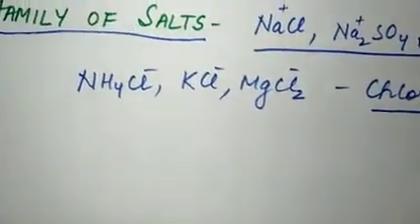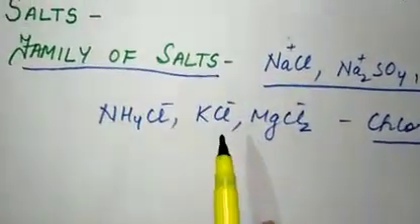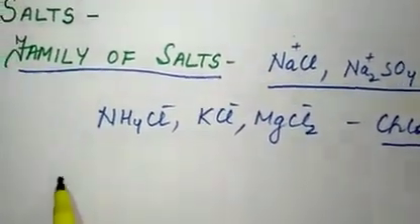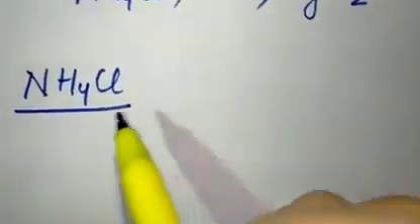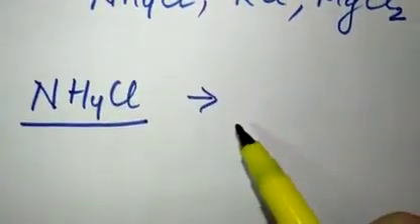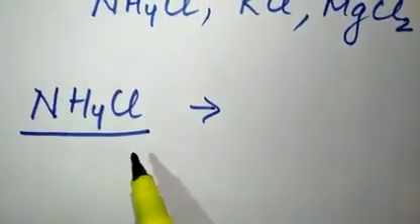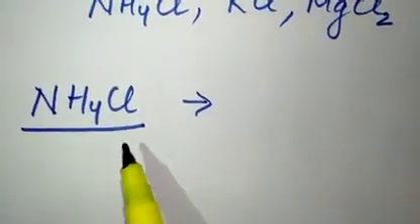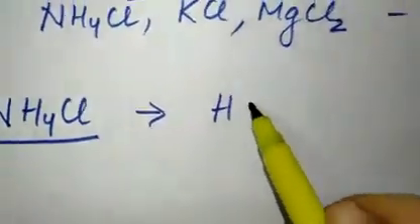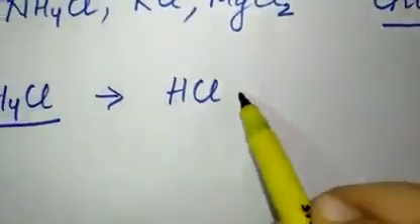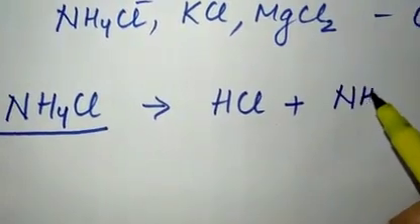This was about the family of salts. Now suppose I have a salt NH4Cl, ammonium chloride. Sometimes the question comes in the exam that what kind of acid and base is used to make this ammonium chloride. So we write here that this is made up of HCl plus NH4OH.